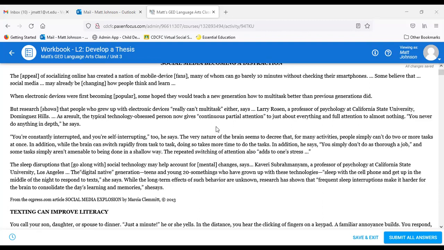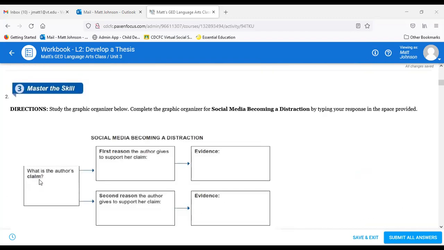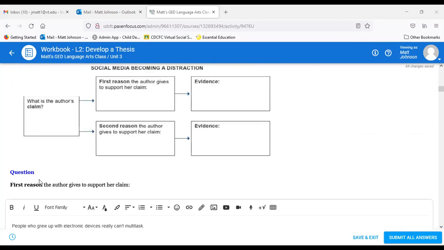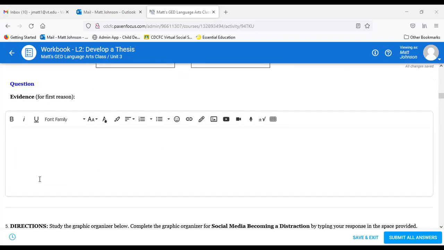So what we'll put in there, let me go back. This is going to get really annoying because you're scrolling and going back, scrolling. Okay, so first reason, the evidence for the first reason.